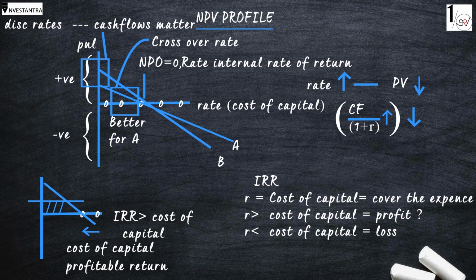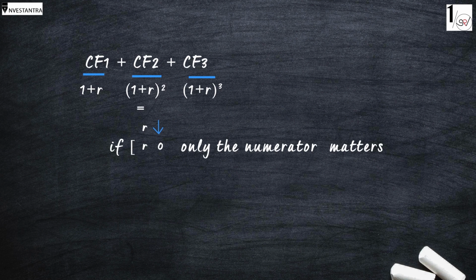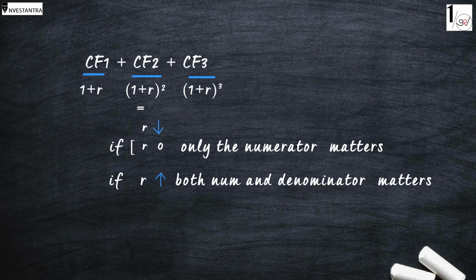CF1. Let's take a 3-year project, right? Here, if R is very low, let's say R is almost 0, then only the numerator matters. As you keep increasing the rate, if R increases, then what happens? Now both numerator and denominator matter.